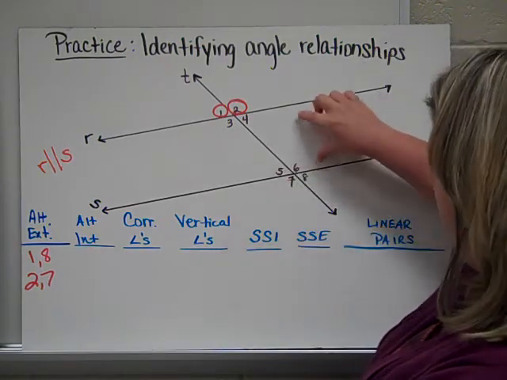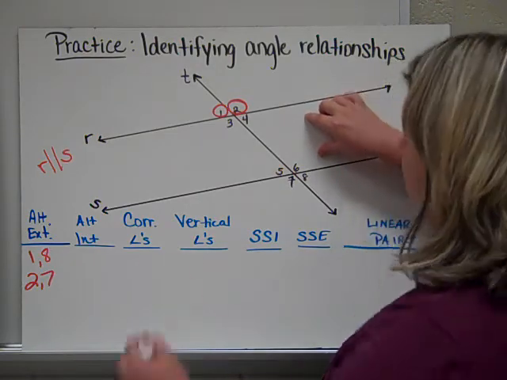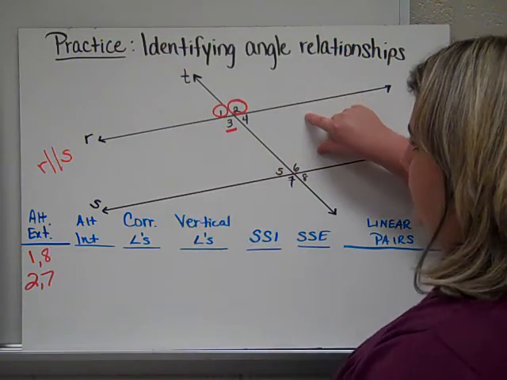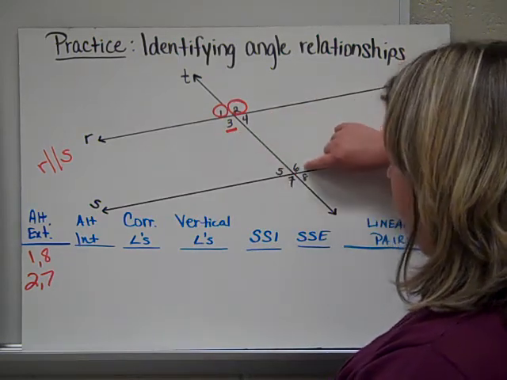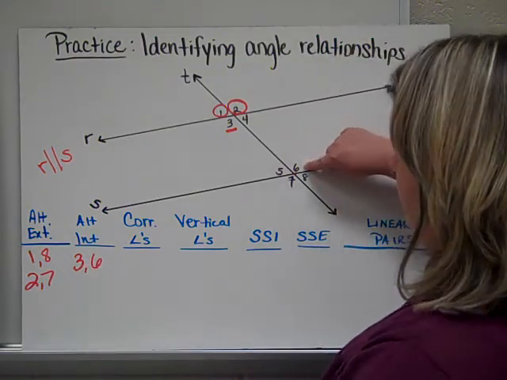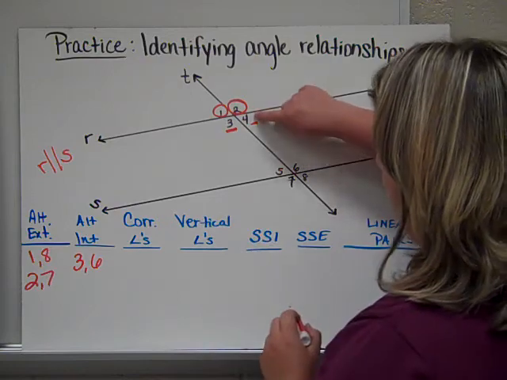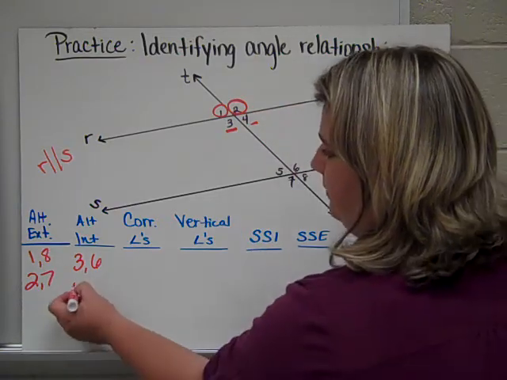Remember, interior means we're looking inside the parallel lines. Let's look at angle 3. Inside, so for angle 3, alternate would be angle 6. And if I go to angle 4, alternate would be angle 5.